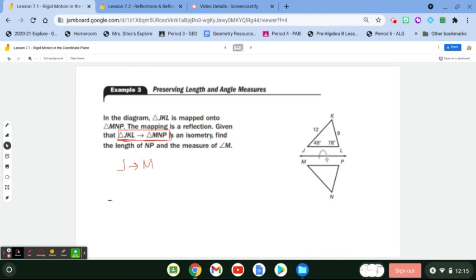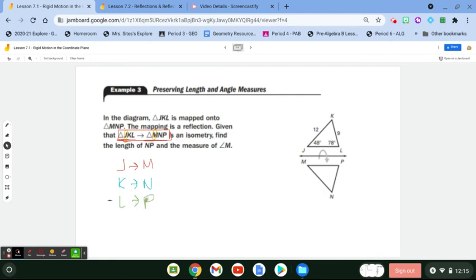See how we have our letters right here? J and M. And that's one of the things that we actually have to find, eventually. But just to illustrate that further, K is mapped up with N, and L is mapped up with P.